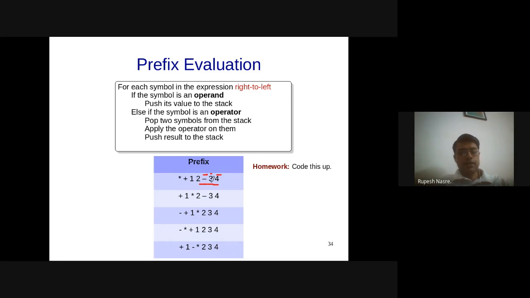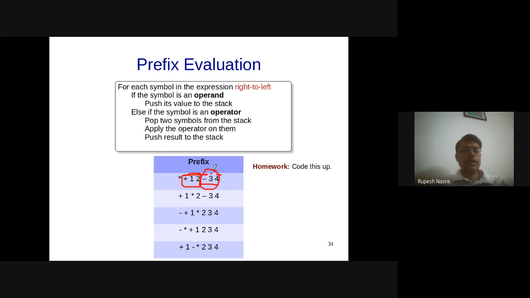If you notice, that is also the reverse order of how the evaluation should happen. When we thought about this expression, we said that plus 1, 2 should happen first. However, we are currently doing minus of 3, 4.